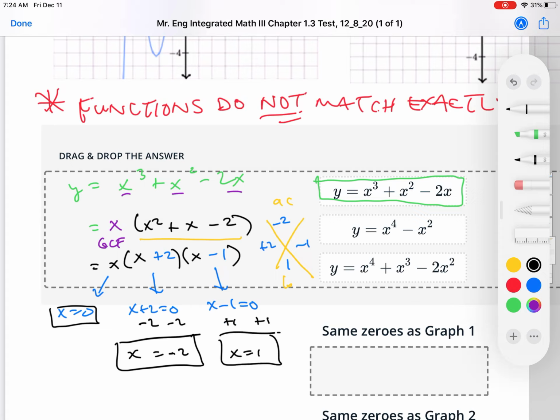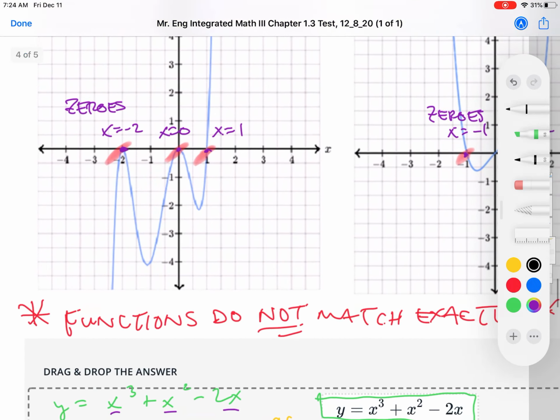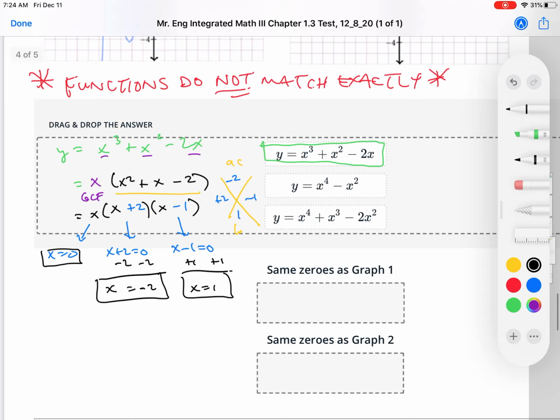Okay, so this one has 3 zeros, 0, -2, and a 1, and that matches the graph number 1. So I'm going to copy the one in green here into the first graph. Okay?